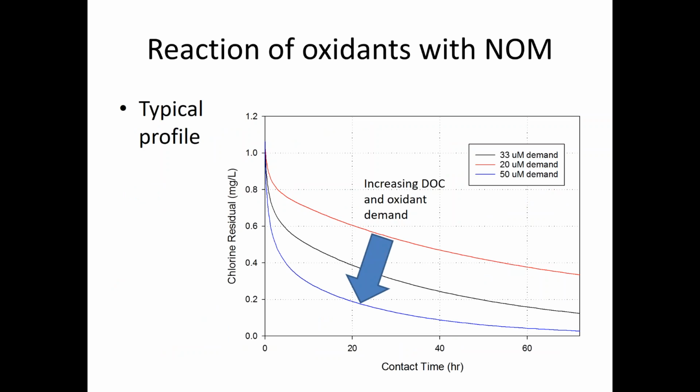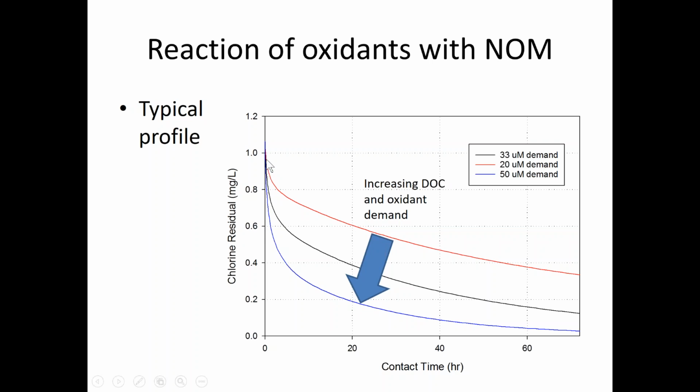Another feature of all this is the presence of organic carbon and other oxidant demands. What this figure shows is not ferrate, but a typical oxidant like chlorine, and what normally happens when you add chlorine to water. Chlorine will also be lost with time, usually because it's reacting with organic matter or some other substance in the water, not simply auto-decay, which is what ferrate does.